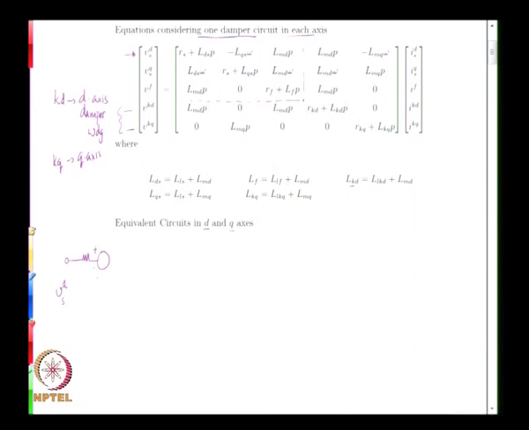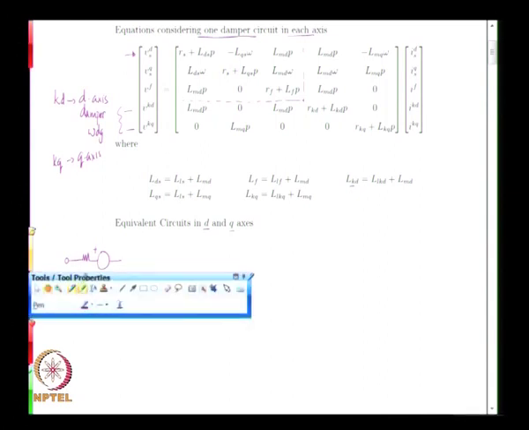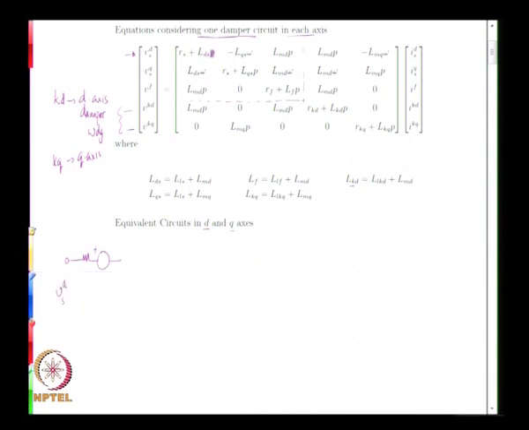So, this controlled voltage source will have a value minus Lqs into omega into Iqs minus Lmq into omega into Ikq. After that, the circuit has Lds, that is seen here, Lds p into Ids.